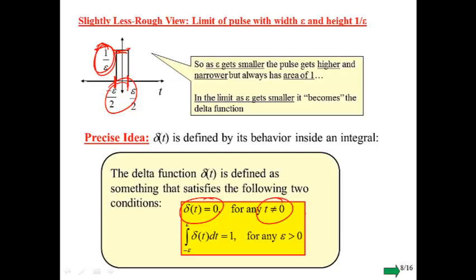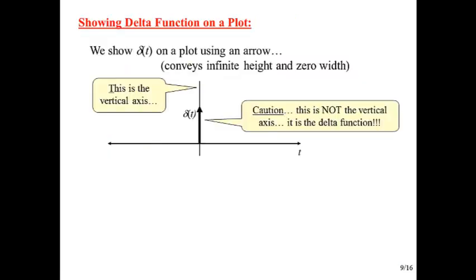So we think of it as 0 everywhere except at t equal to 0, but we're not going to say what it does at t equal to 0. Instead, we're simply going to say as long as you integrate this function over the point 0, you get that unit area. Remember, we talked about an area of 1. And that has to hold for any epsilon greater than 0, no matter how small we make it. So that's the basic idea.